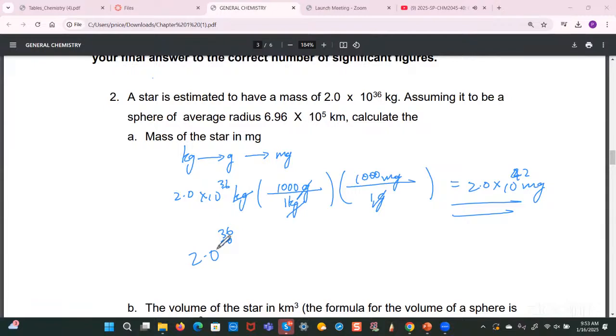So it's dangerous. It depends on your brand, and even within the same brand, I've noticed, for example, mine is a Casio, but in other Casio calculators, you have to do something different in order to express the number correctly in scientific notation.